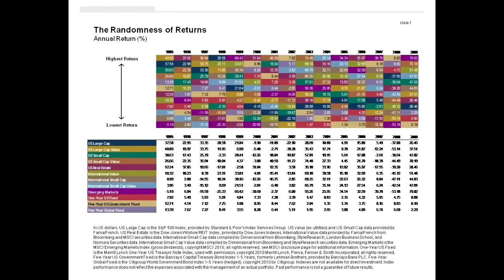And what's good about the randomness of returns? We can rebalance a portfolio. We can sell the asset category that's high. We can buy the asset category that's low. We can be making the changes to our portfolio by asset class, not by stock picking and market timing.